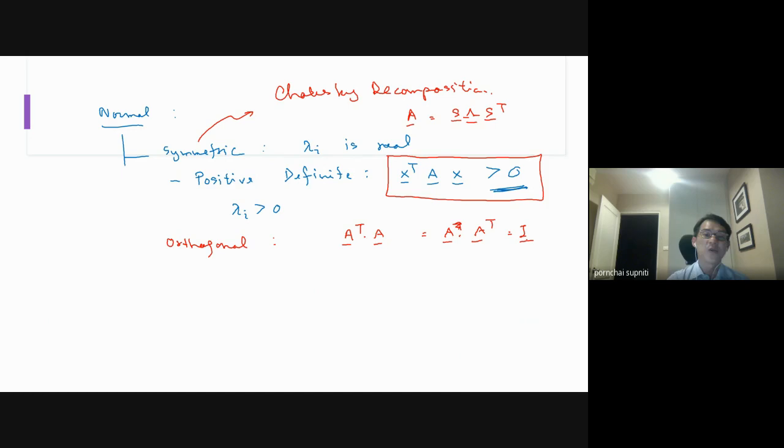Like I wanted to emphasize earlier, SVD is one of the most important properties and decompositions that everyone needs to know. In any field, whether finance, economics, social science, engineering, science, and data science for sure, you will see SVD all the time.